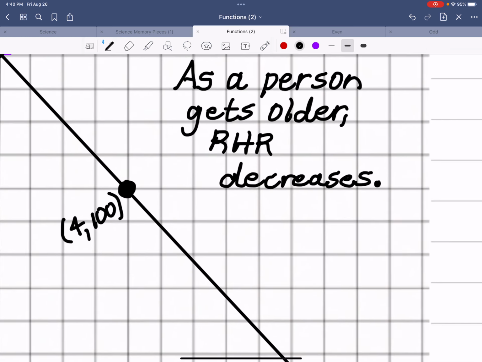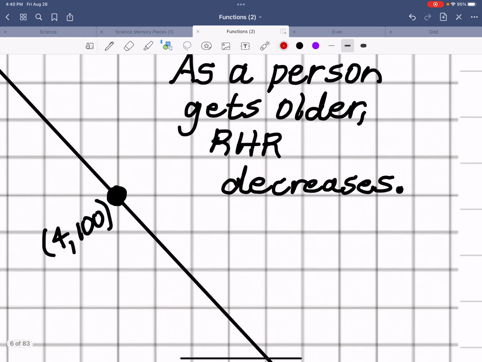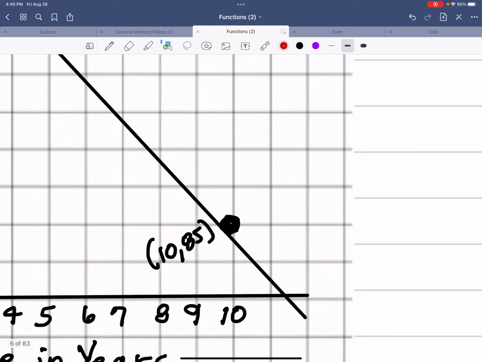Let's build some stairs. I'm going to pick a point. I'm actually going to start up here at 110. And I know that for every 2 years, there is a 5-degree, in this case, drop. Actually, let's back up. Let's start down here.